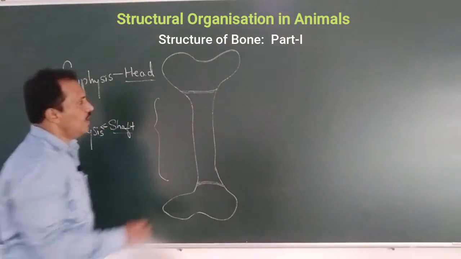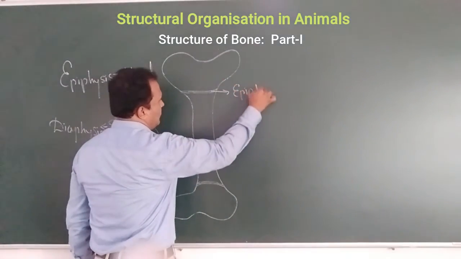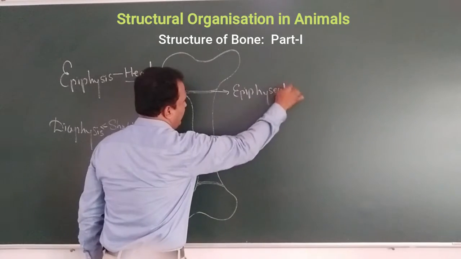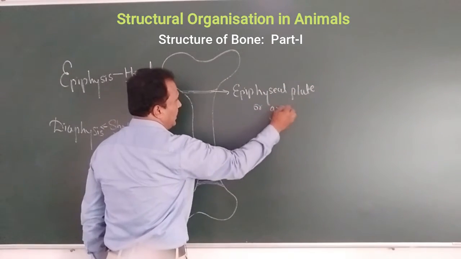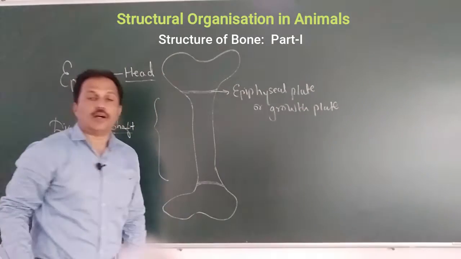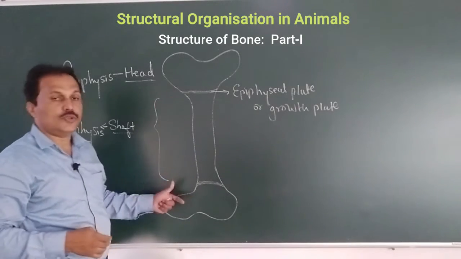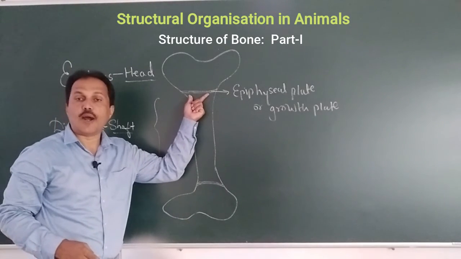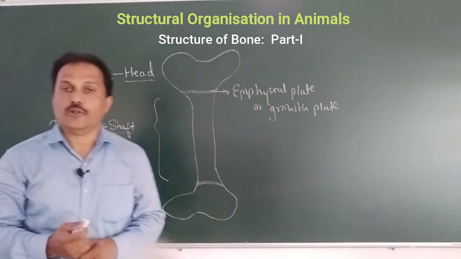This is known as the epiphyseal plate, or growth plate. When we talk about the growth of our bones, generally the growth of long bones takes place at this point, the epiphyseal plate or the growth plate.